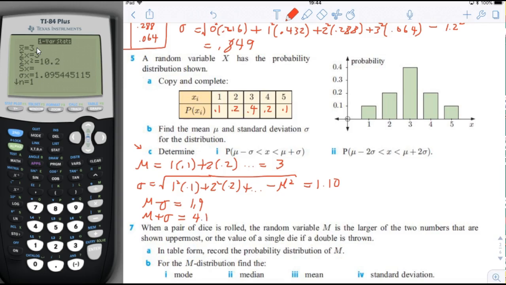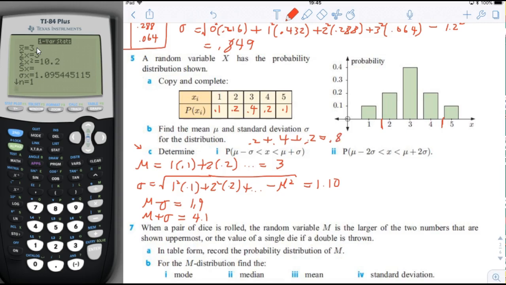So what's the probability that's within that? The 1.9 border is there, the 4.1 border is here. So basically the probability that we get 2, 3, or 4. The probability that we get 2 is 0.2, the probability that we get 3 is 0.4, and the probability that we get 4 is 0.2. So the answer for this is 0.8.